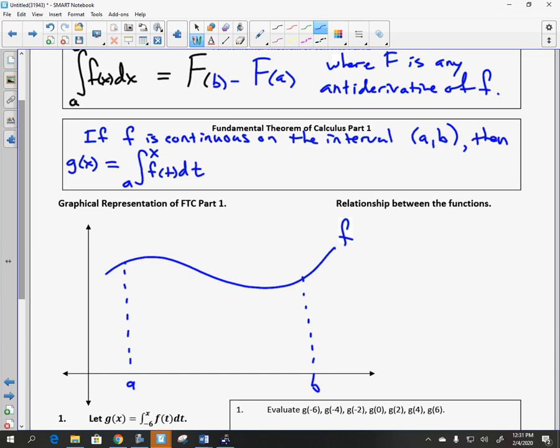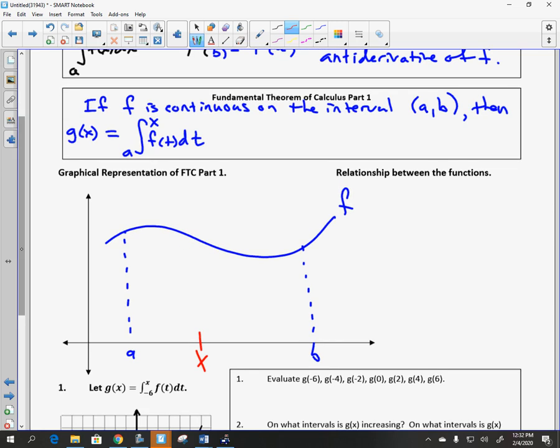Don't worry about the variable change. People freak out about it. You don't need to worry about it. So what's being described here is that g of x is the area function.